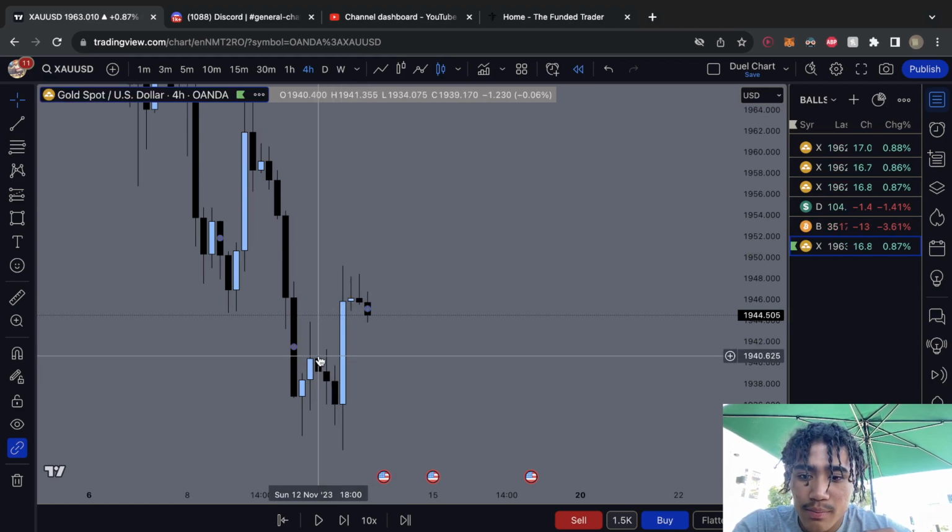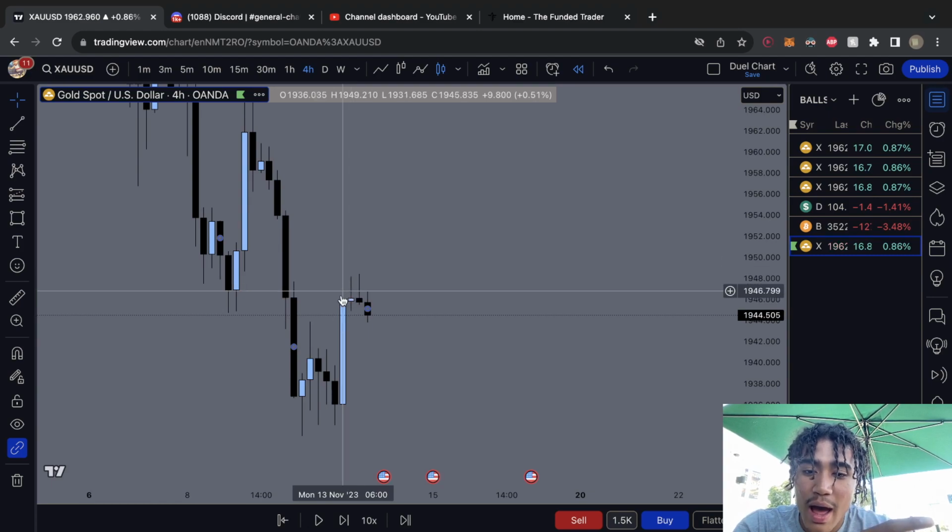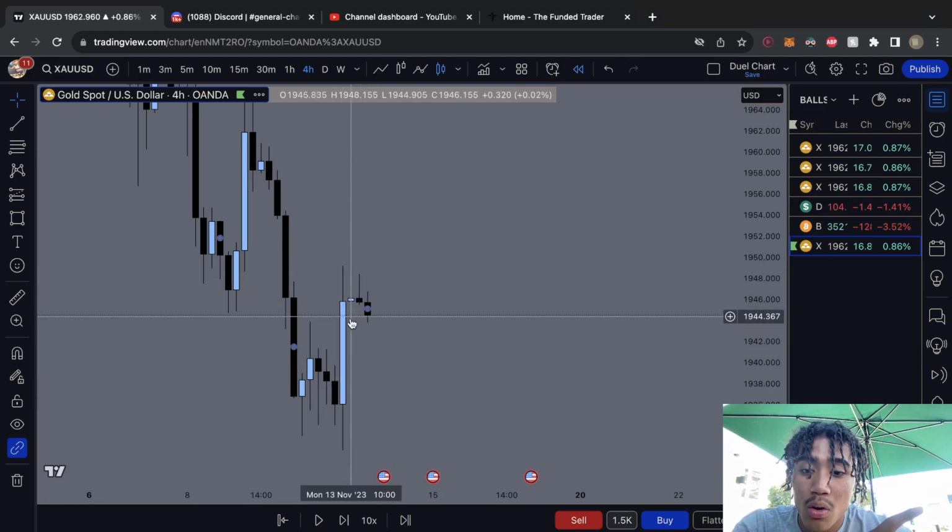That's the high of this candle. And then the other candle after this middle candle, this candle's low is 1944.90.